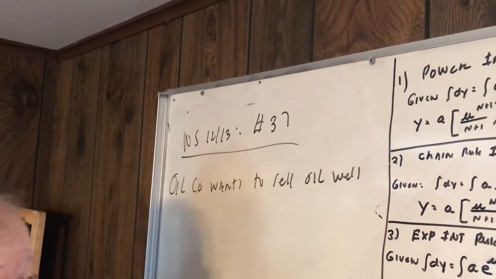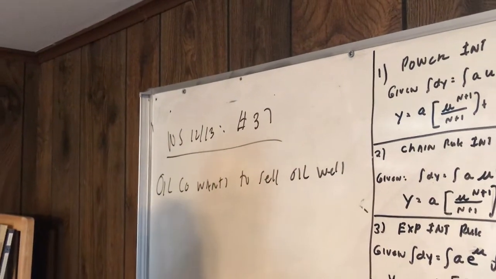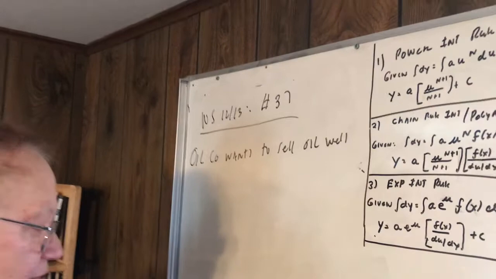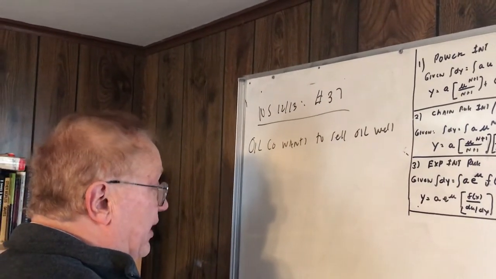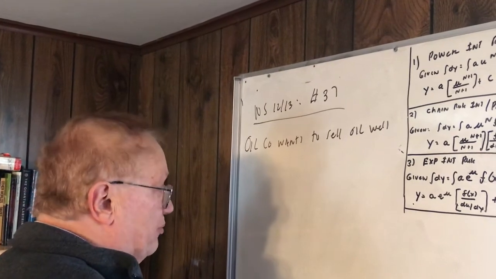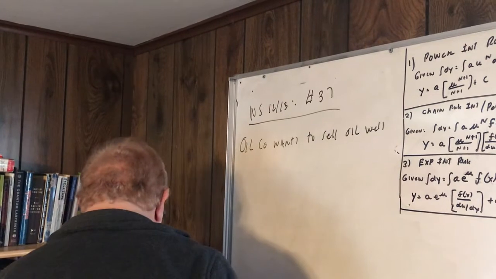Okay, but it doesn't know how much the oil well is going to be worth. What is the present value of this oil well after 10 years? After 10 years, it's going to be generating a stream of income, but its present value is what it's worth today. So we're going to find the present value.